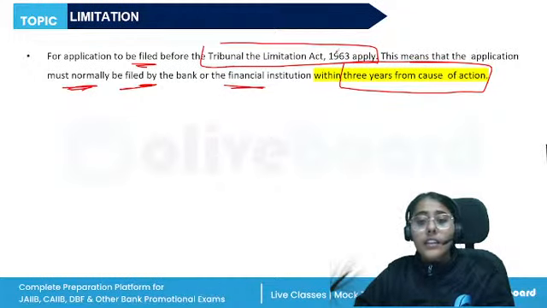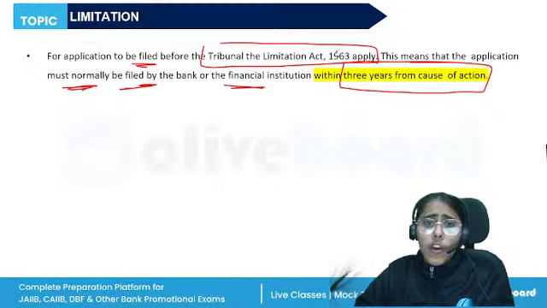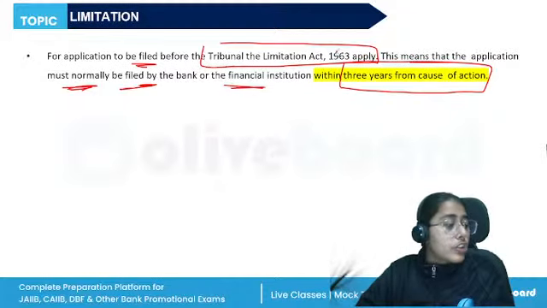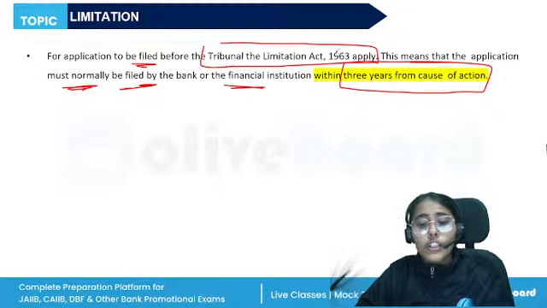So when the dues become unpaid, then within 3 years from the cause of action, the application should be filed by the bank or the financial institution. This is according to the Limitation Act of 1963.